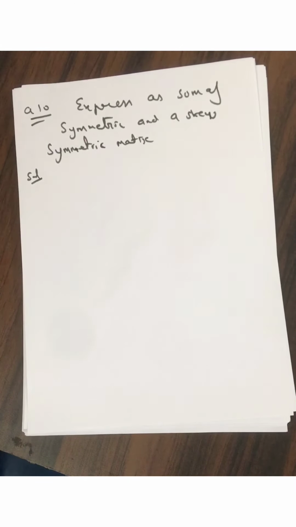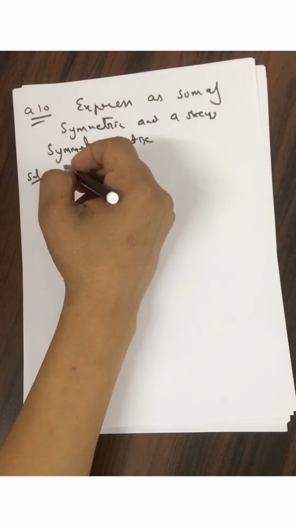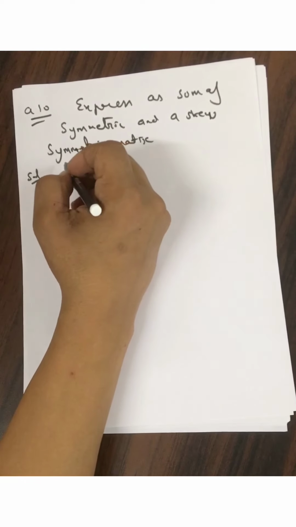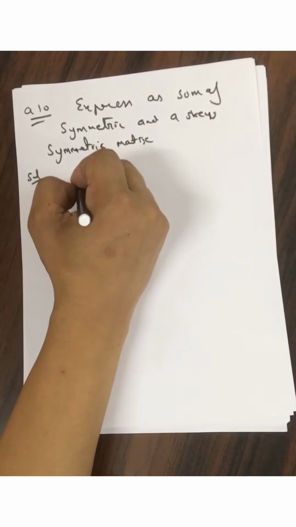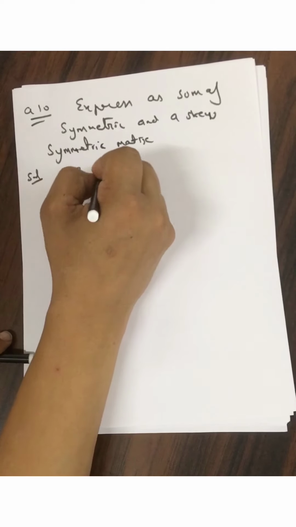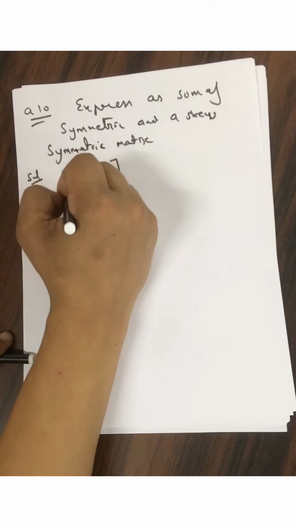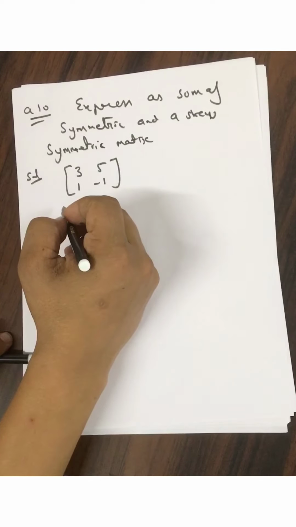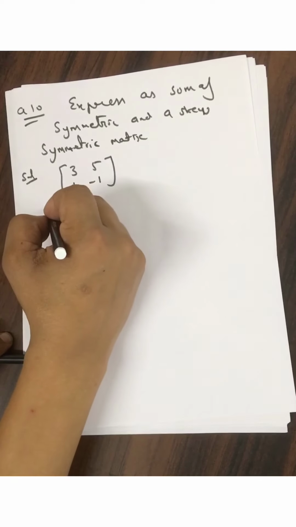So question number 10 says that you have to express this in the form of a symmetric and skew symmetric matrix. First you find out A dash. The question was 3, 1, 5 and minus 1. First find A plus A dash.